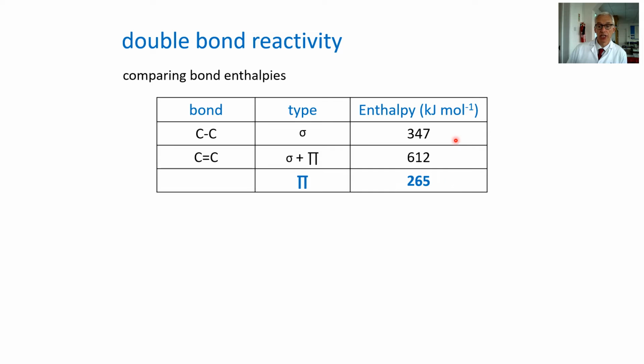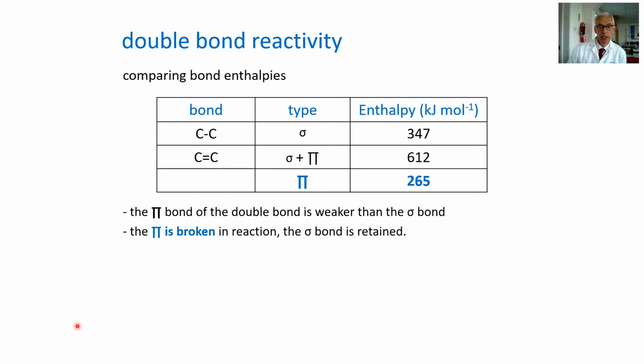So if we look at the sigma bond 347, the pi bond 265, the pi bond is much weaker than the sigma bond. So we explain the reactivity of the carbon-carbon double bond in saying that the pi bond is broken, but the sigma bond is retained.